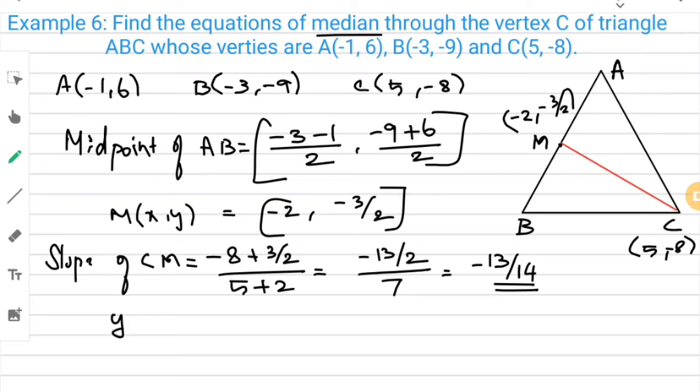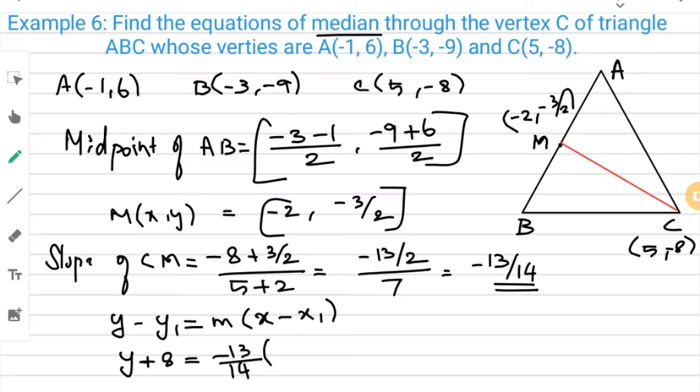So what will be the equation? y minus y1 is equal to m into (x minus x1), and I'm going to take x1, y1 as this point C. So y1 is minus 8, minus of minus becomes plus 8, is equal to the slope minus 13 by 14 into (x minus 5).